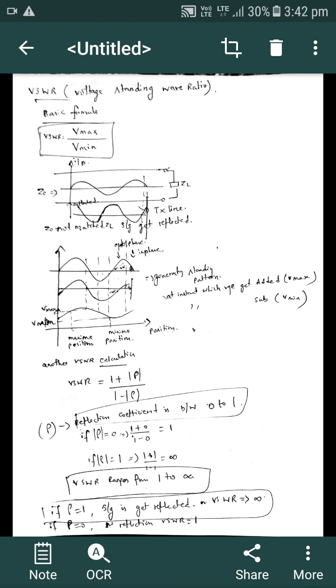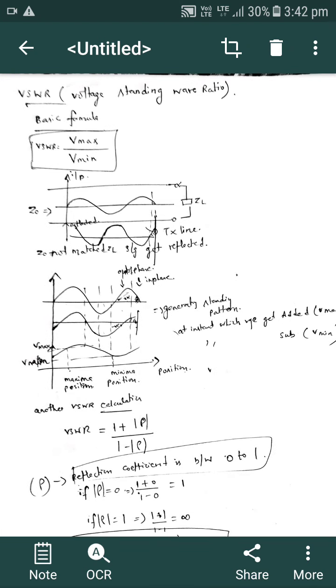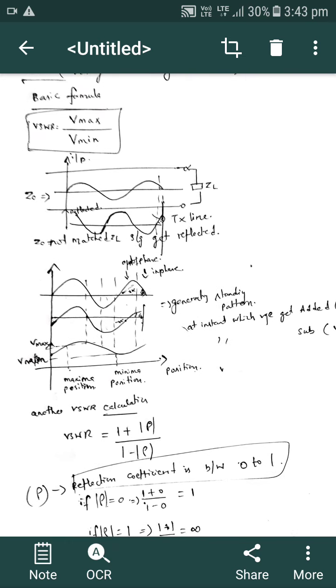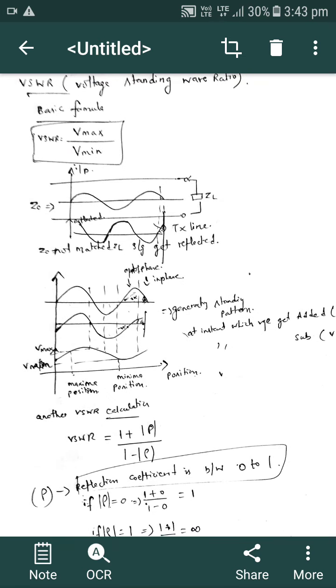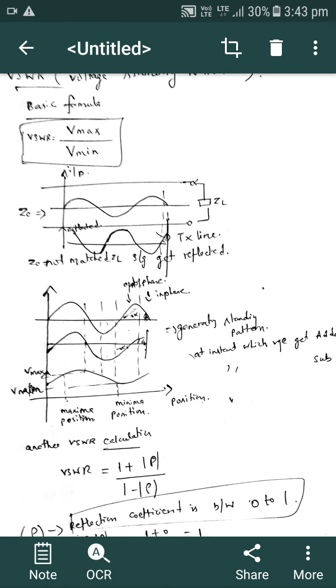In this diagram, consider a transmission line where Z0 is the characteristic impedance, and at the other end we have connected a load ZL, the load impedance. If the characteristic impedance Z0 and the load impedance ZL are not matched, then the incident wave which we are sending gets reflected due to the mismatch in impedance.